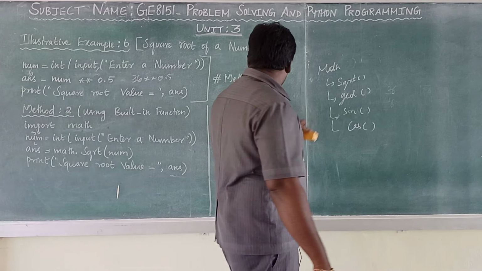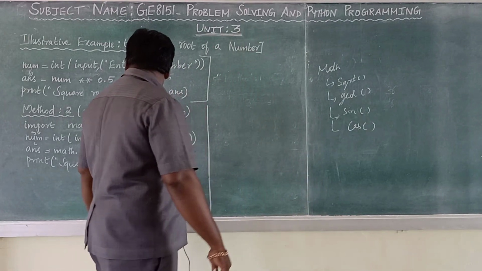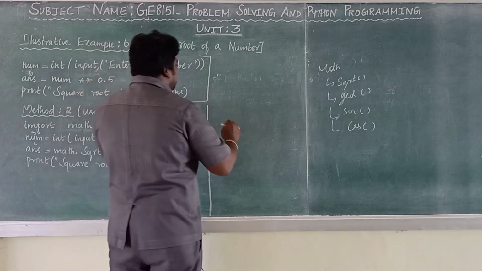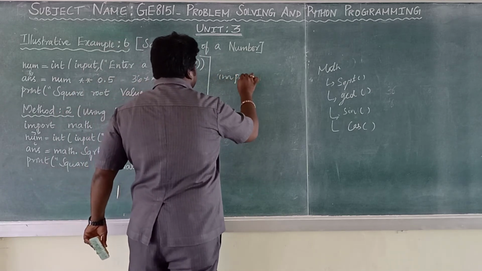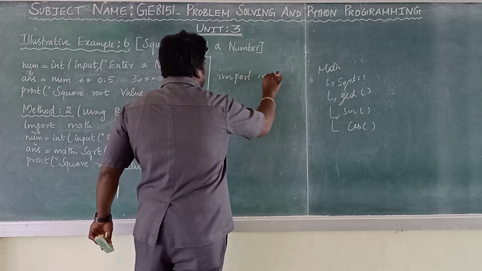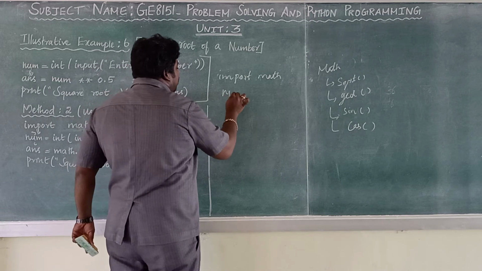Similarly, if you want to display the GCD, for GCD, import math. Then I want to get two inputs, right?